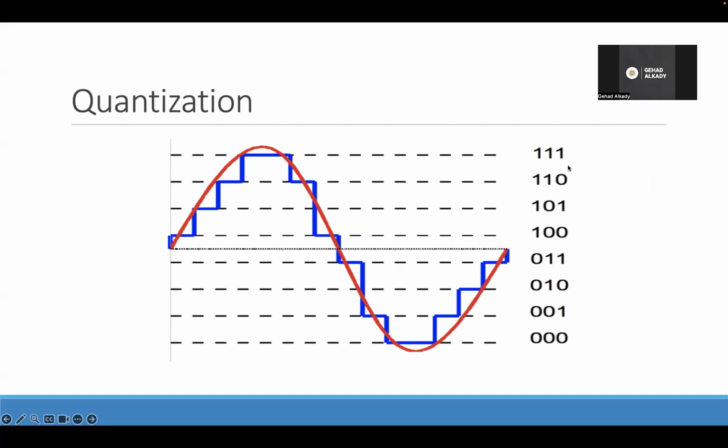The number of bits here is defined by the ADC. You will see on the ADC its number of bits. So if we take this example, the number of bits of our ADC will be 3-bit, okay? And this process is called quantization.